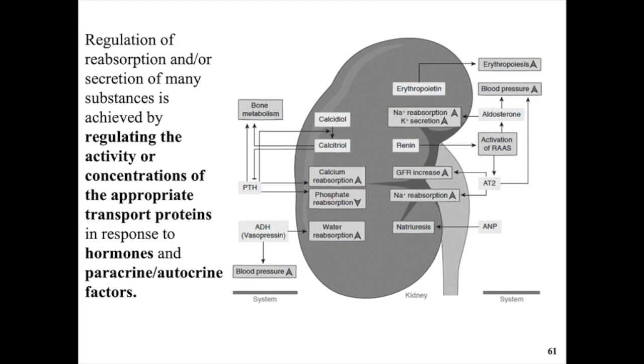If the body has too much blood pressure, you know that pressure depends on the volume, so the adaptive response would be to filter more volume and therefore urinate more. So we get rid of more volume.